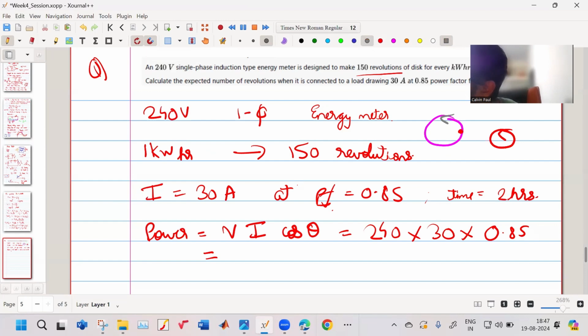After some time it will be like this with the red point over here, and after some more time like this. Finally it will go back to its original position. Once it has gone over the entire cycle and reached the original position, that is one revolution.